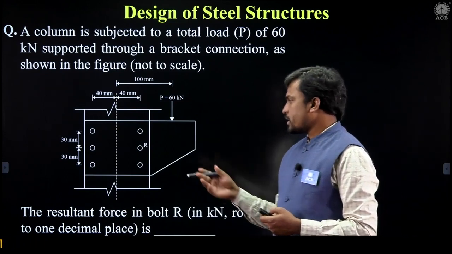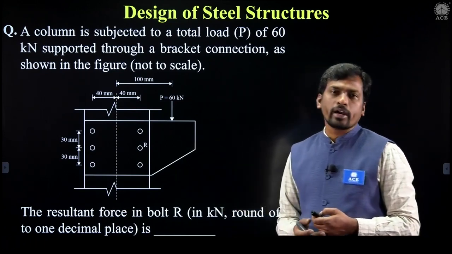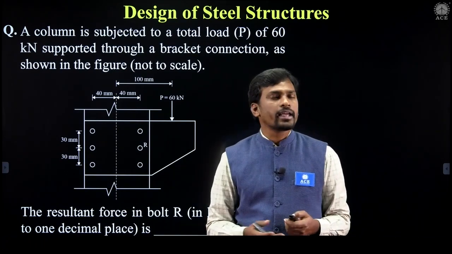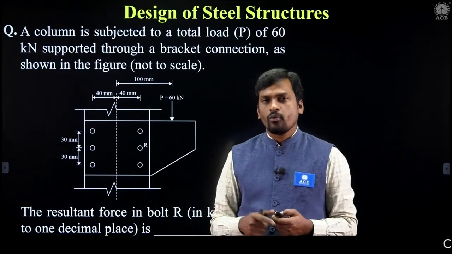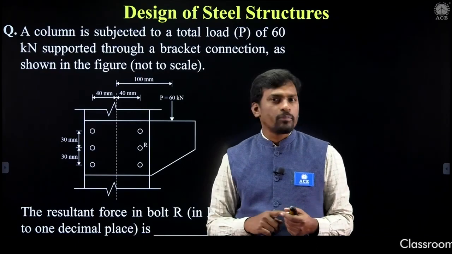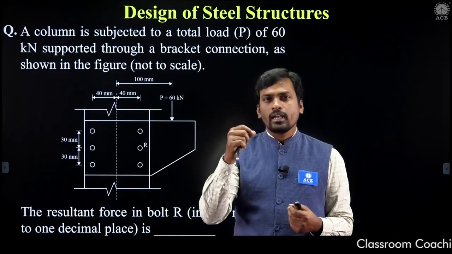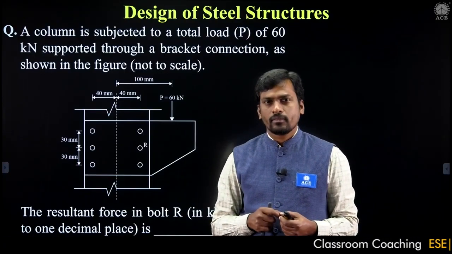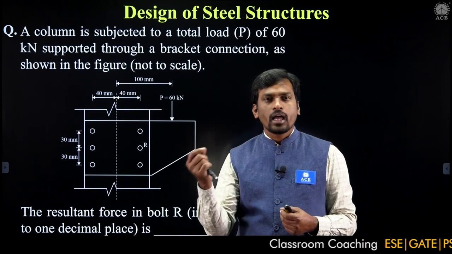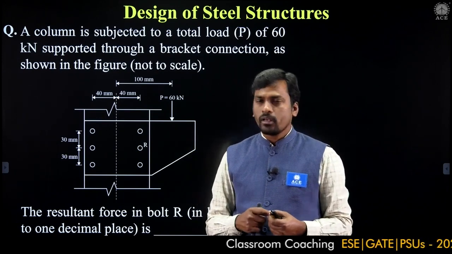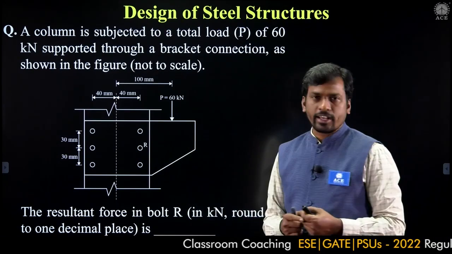Then tell me, is it type 1 connection or type 2 connection? In eccentric connection, we have two types of connection. Type 1 is in-plane loading, and type 2 is out-of-plane loading. So this is type 1 connection.